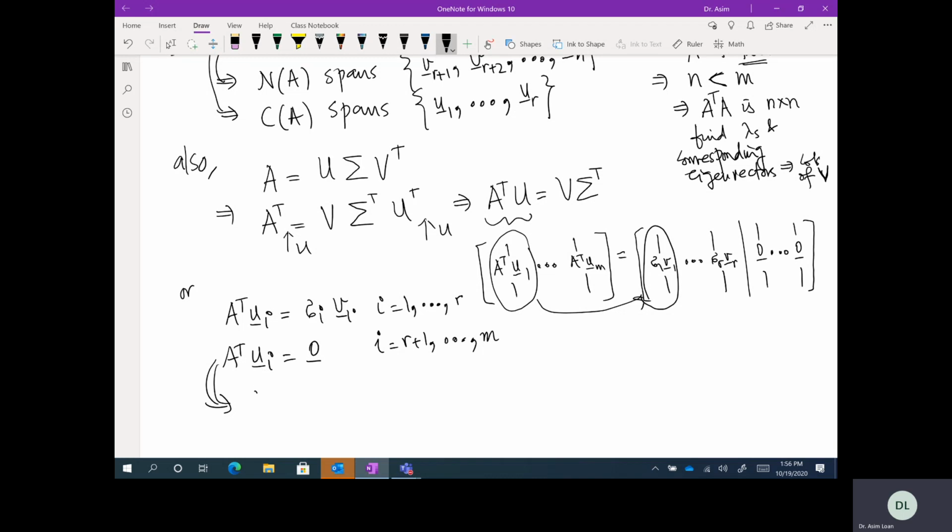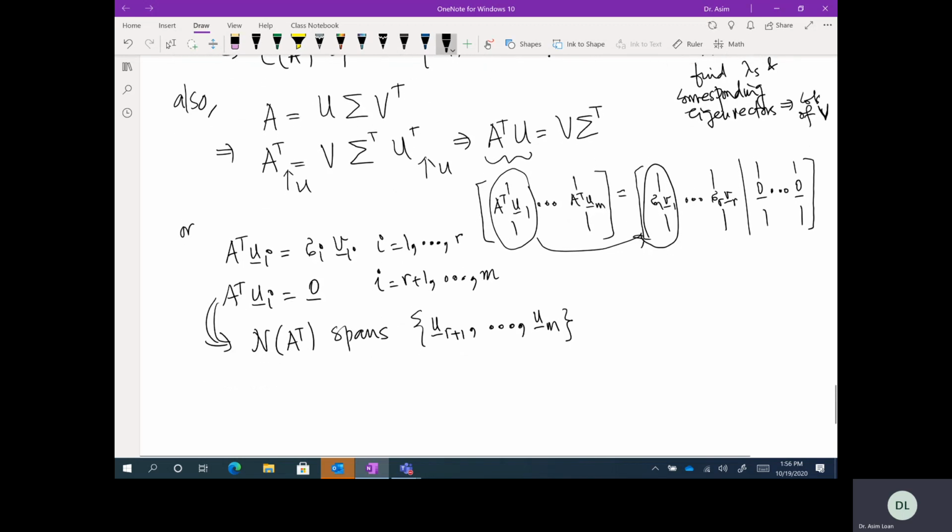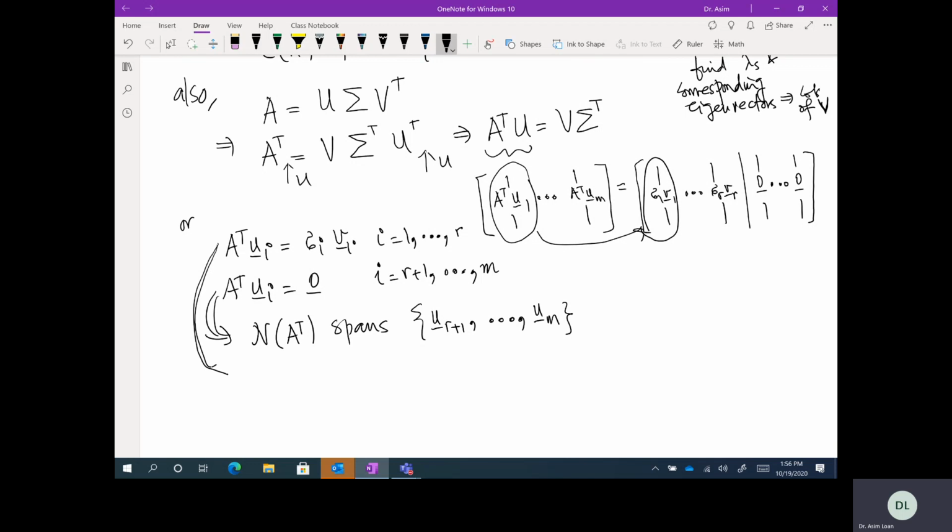So the null space of A transpose spans U R plus 1 up to UM, and this one implies the column space of A transpose spans V1 up to VR, right?